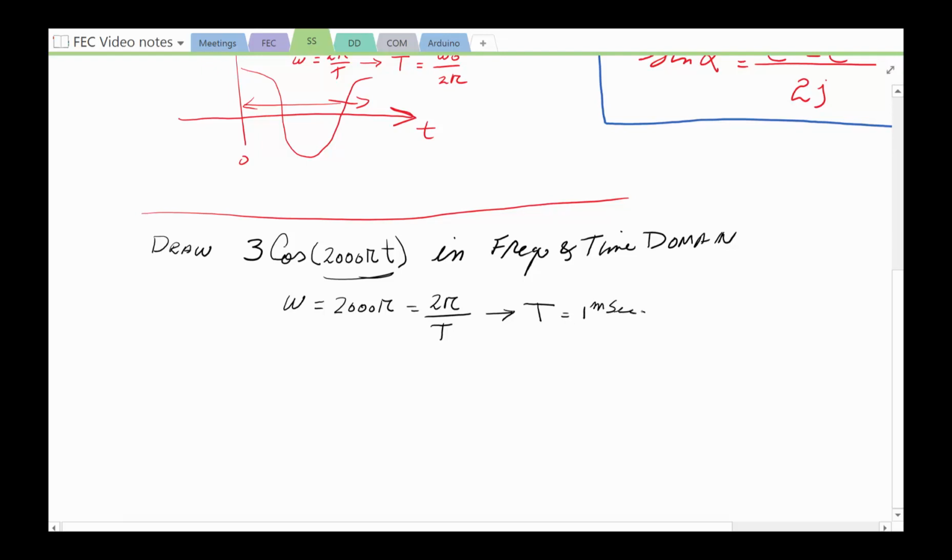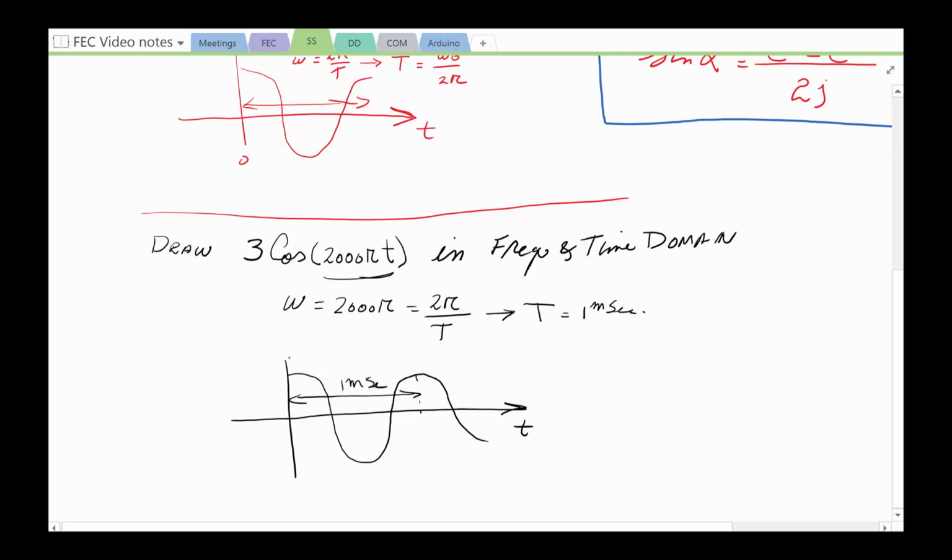Pretty easy. So how do I plot this? T is going to be here, and I'm going to have a cosine signal. It starts up here, goes down, back up, down, on and on, and a period will be from here to here, so this period will be 1 millisecond.